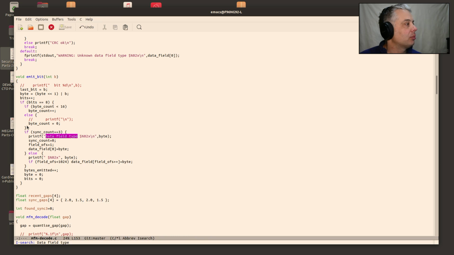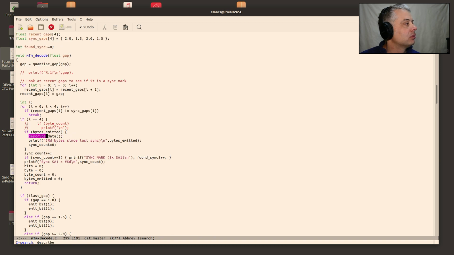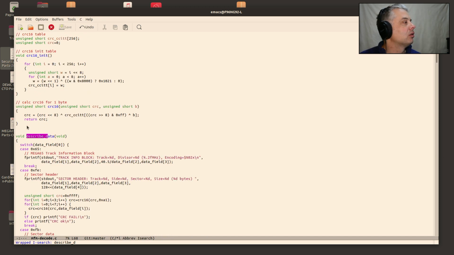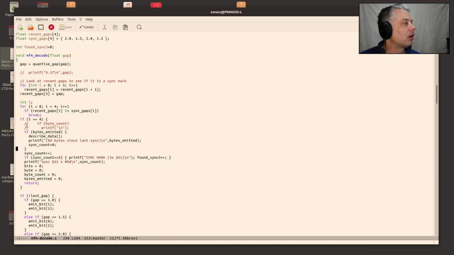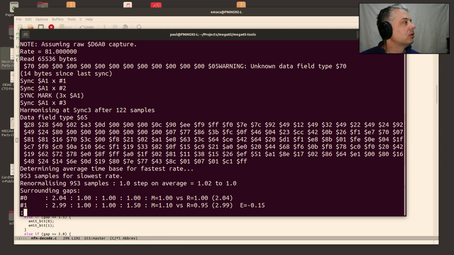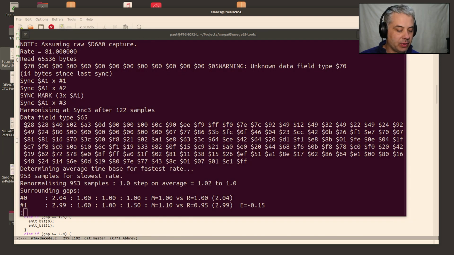Okay, why is it not calling describe data? 14 bytes is last sync. Ah, okay, right. So this is a funny thing with the way this decoder works. It only decodes the data area after it hits the next sync.